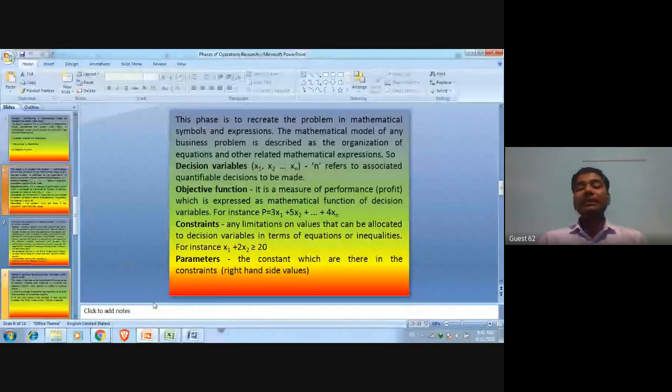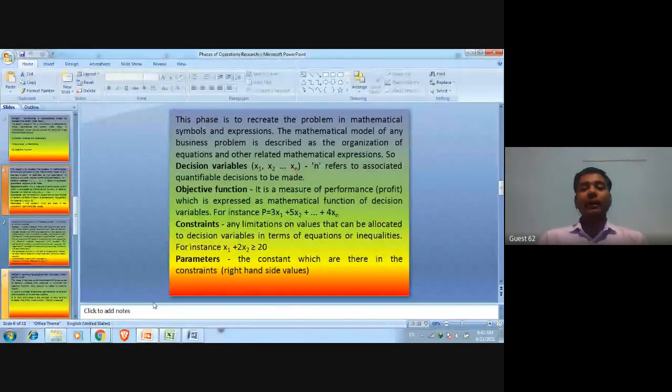I told you earlier that operations research is a quantitative approach which will provide a solution. These are the factors that will be used in quantity, and after using them we will make some decisions. I will also tell you by an example.